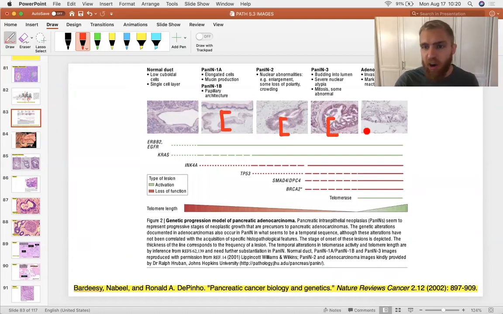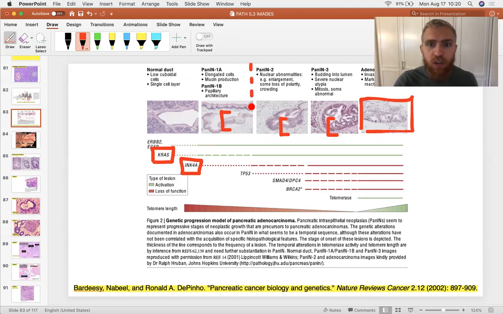And then in an adenocarcinoma, that's going to hell in a handbasket. So we look at the timeline. What do we have here? You got a normal duct, and the first thing it gets is a KRAS mutation. Then the next thing it gets is a P16 mutation. And so that's good enough to get you into the Panin 2 stage.